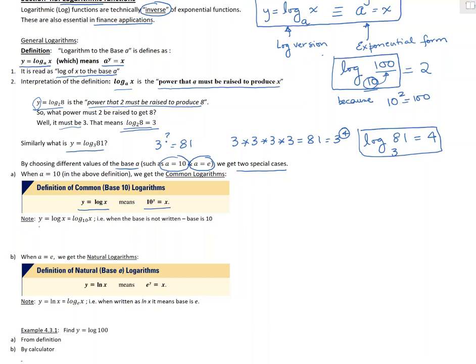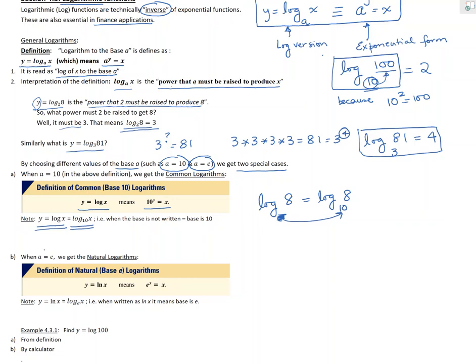In other words, y equals log of x is same as saying log of x to base 10. So when we say, suppose, log of 8, that means log of 8 to base 10. So whenever you don't see anything here, the base is 10.